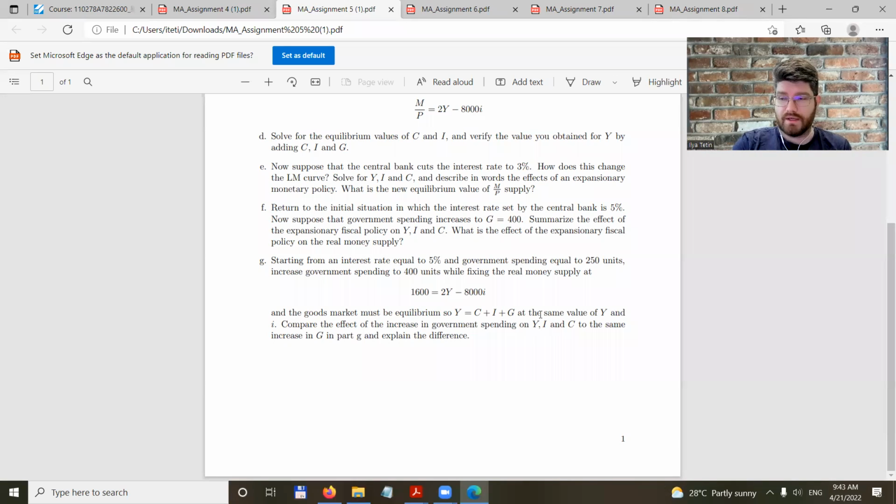Okay, and then we have to solve, government spending equal to 250. So given that we have the interest rate of 0.1 and output level is 350. Okay, so this is what we could calculate here.